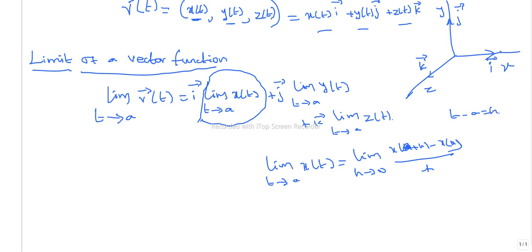If the limit exists, we know this for a real valued function of a single variable. Then you multiply with i, and with j and k for the other functions, and finally we get the result.